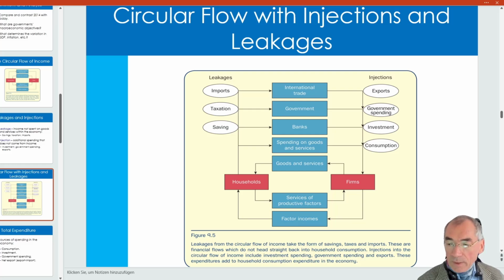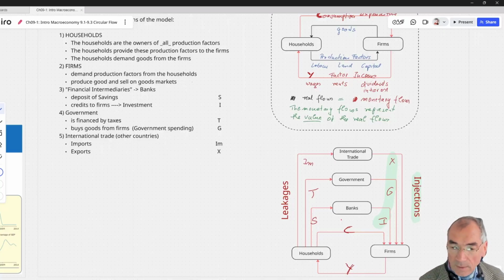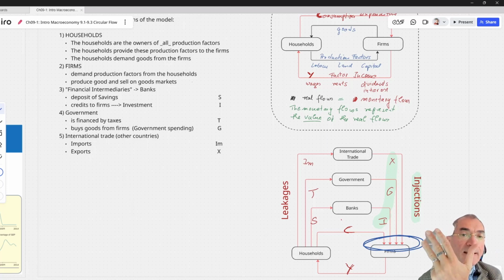Because when we look at these arrows that go into the firm, the inflow of all income into the firms, we see consumption, investment, government spending and exports. So these four together represent the value of the goods that have been produced and bought.